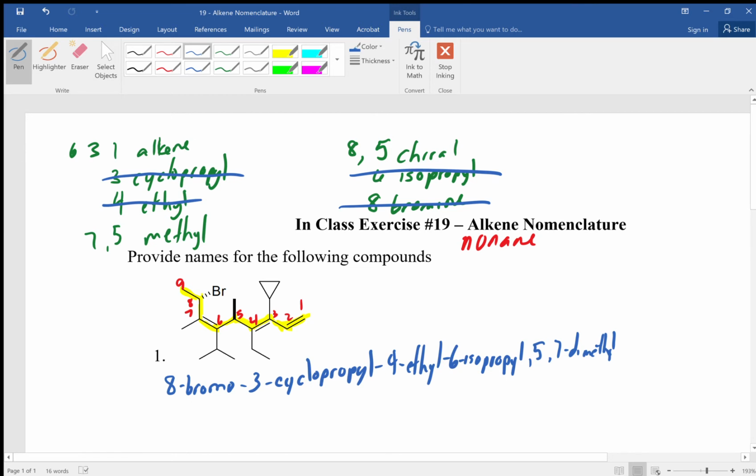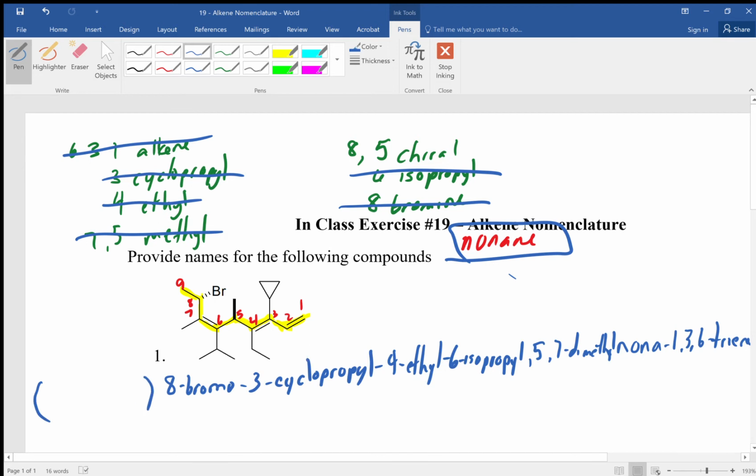What's our root name? Well, we already said it was nonane, but we have 3 alkenes in it, so we have to account for those as well. So this becomes nona. The alkenes are at 1, 3, and 6, so nona-1,3,6-triene. So the final piece that we need here are descriptions for stereochemistry.